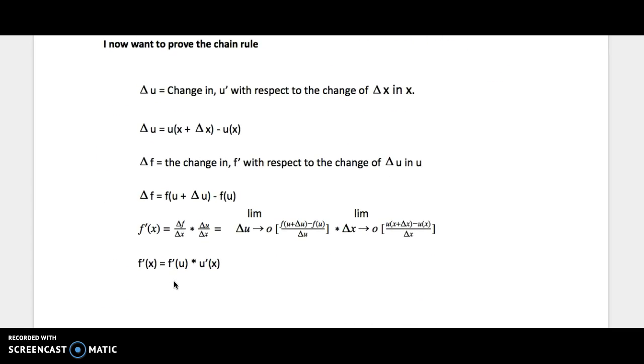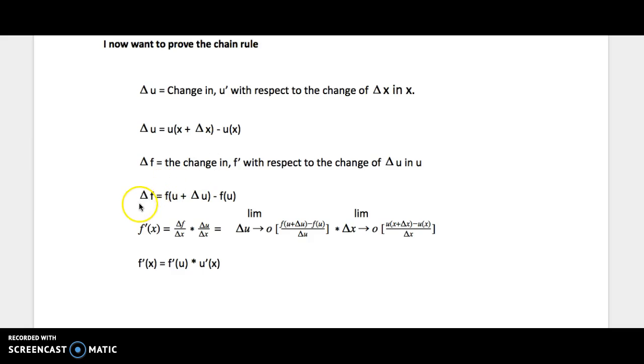My delta u is the change in u with respect to the change delta x in x. So this is shown here. My delta u is equal to u of x plus delta x minus u of x. Again, the delta f is the change in f with respect to the change delta u in u.